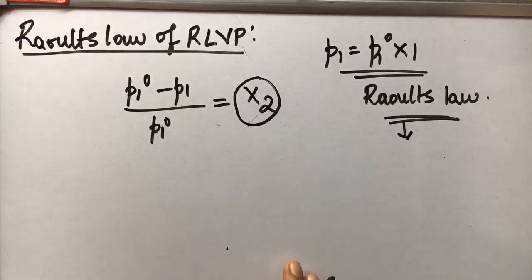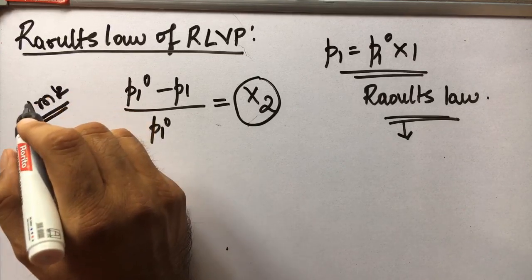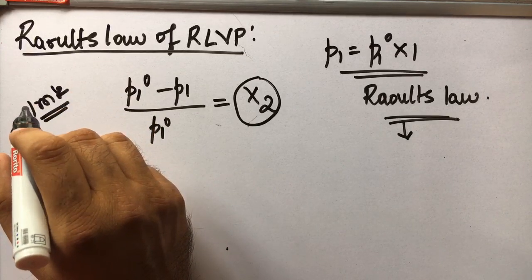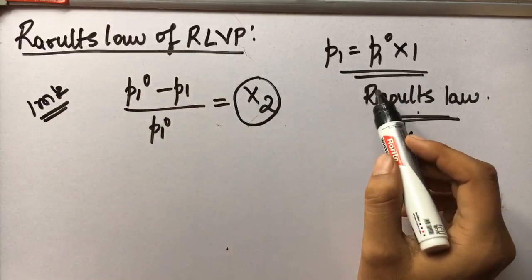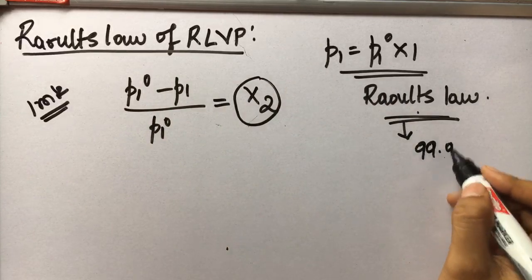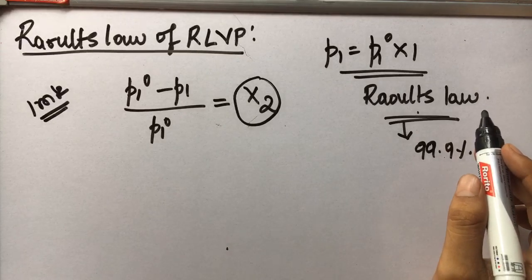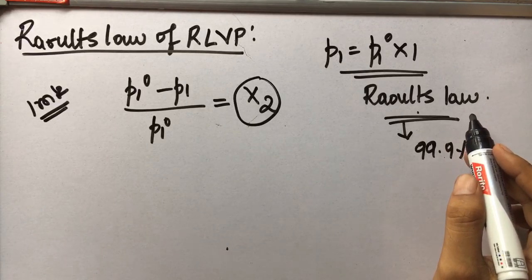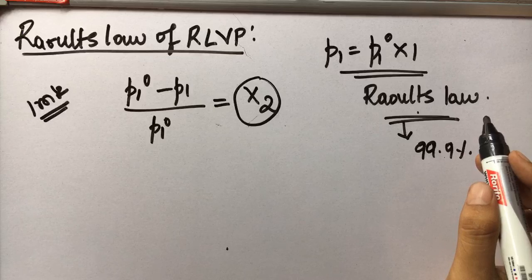Repeat the statement students. You see on page number 86 of your study material, relative lowering of vapor pressure produced by dissolving a non-volatile solute in a solvent is equal to the mole fraction of the solute in the solution. This can also be asked for 1 mark. Remember students, whenever there is a question on Raoult's law, you have to see whether they have mentioned simply Raoult's law or Raoult's law of relative lowering of vapor pressure. 99.9% of the time this question is asked, the statement you studied in the previous class: for a solution of volatile liquids, vapor pressure of each component of the solution is directly proportional to its mole fraction in the solution.